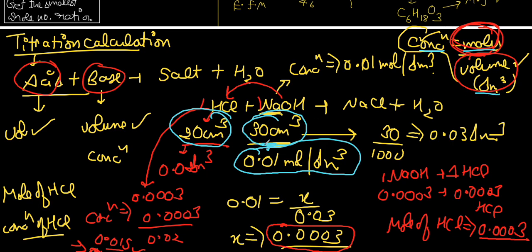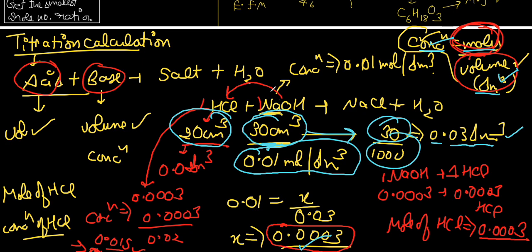So we converted 30 centimeter cube to dm cube, which is 30 by 1000, so 0.03 dm cube. Then we knew the volume, we knew the concentration, we multiplied both of them to get the moles of NaOH, which came out to be 0.0003.